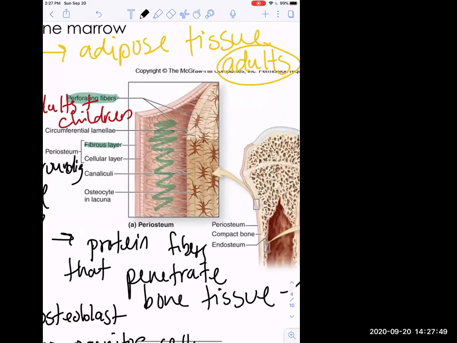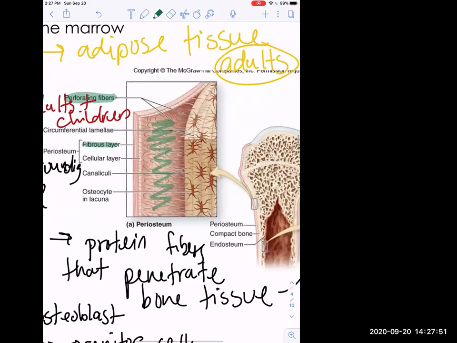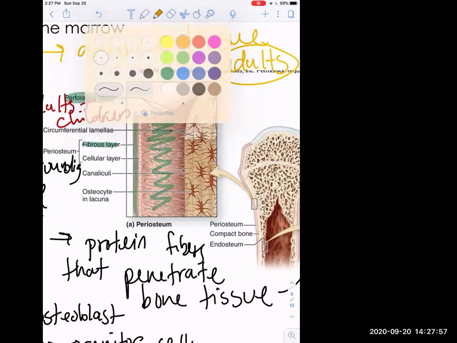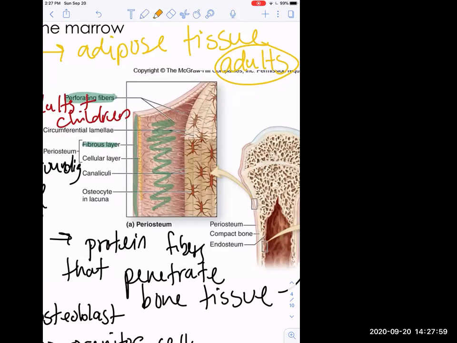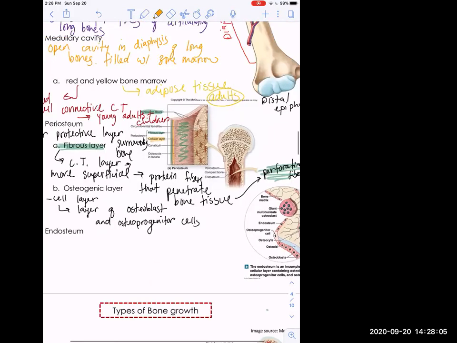Once again, you can see here's your fibrous layer here. And here would be your cellular or osteogenic layer consisting of a layer of those cuboidal osteoblast cells.